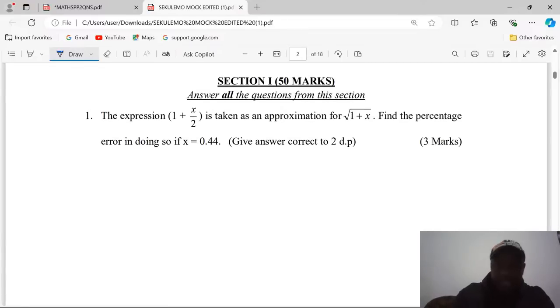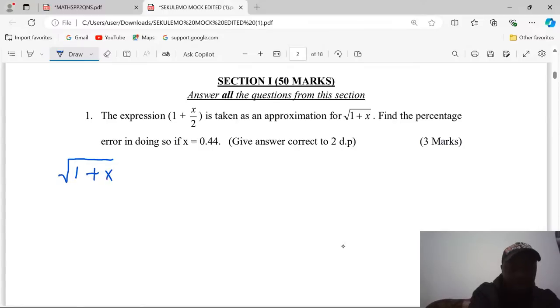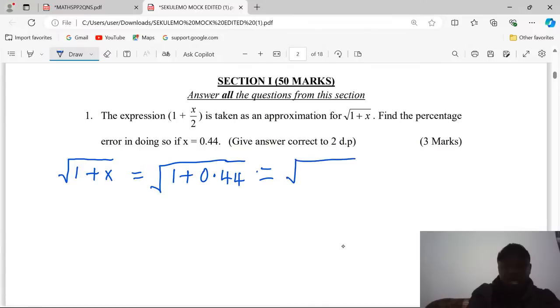So the exact value is supposed to be the square root of 1 plus x, which will give a value equal to 1 plus 0.44. Then we carry out square root. Now the exact value is going to be the square root of 1.44.